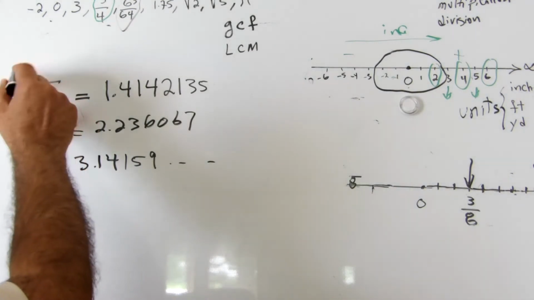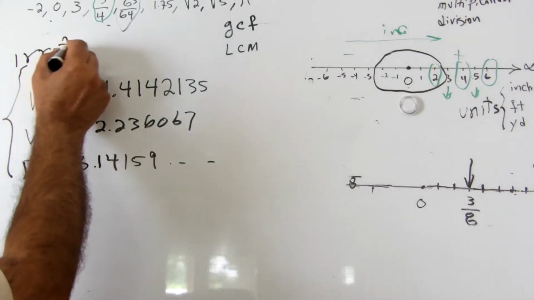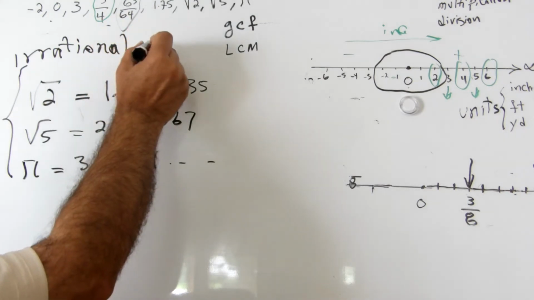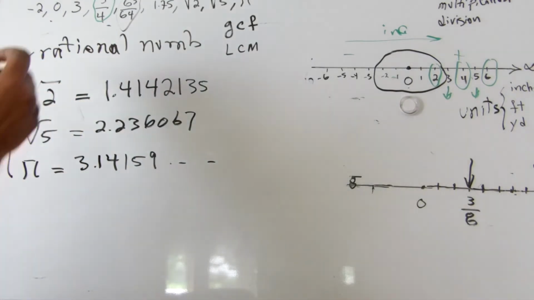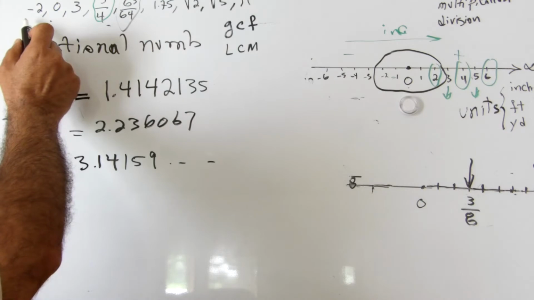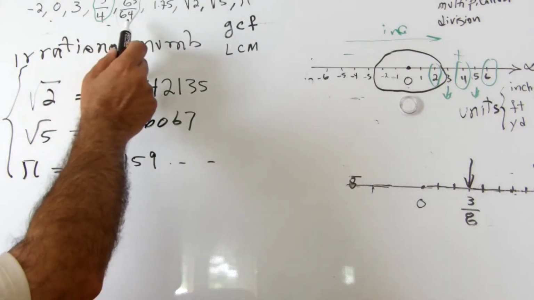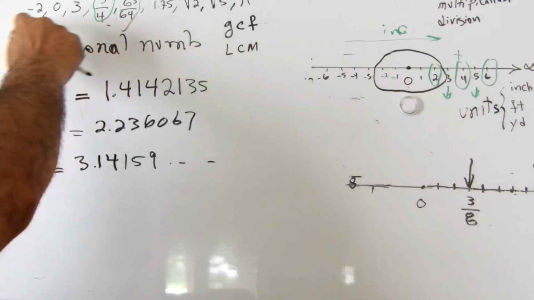We call these numbers irrational numbers. But the others here, we have integers, negative integers, positive integers, the fractions, and decimals that end up with some specific decimal places. We can change all these to a fraction.